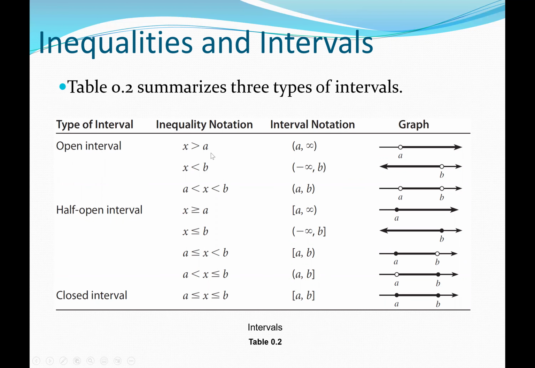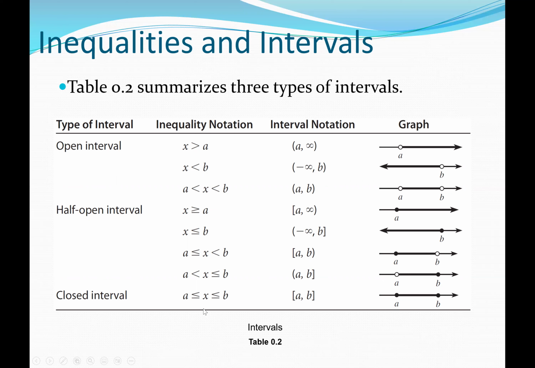Open interval, x greater than a, the symbol is given. x less than b, which means it will go from negative infinity to b, excluding b. Or x is less than b and greater than a, which means from a to b, excluding a and b, an open interval. And then we have the closed interval. A closed interval is shown with a dot with no hole in it, while an open interval has a hole in the dot.